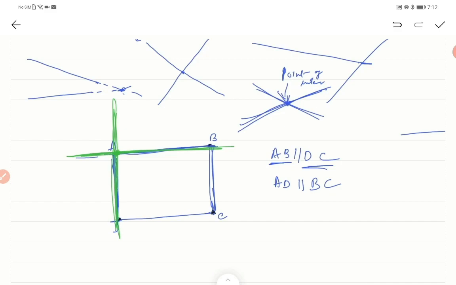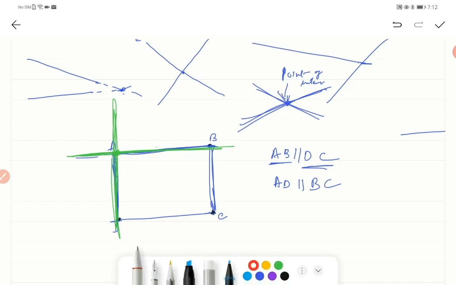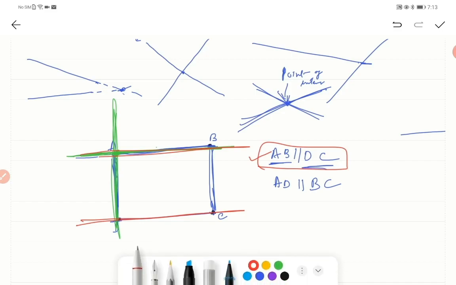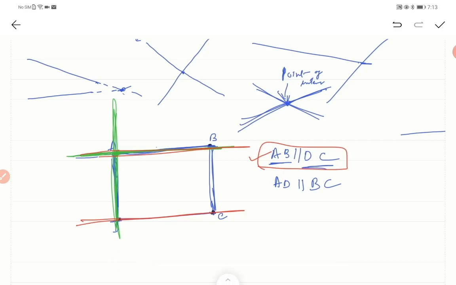So these two lines are intersecting lines. You will say parallel lines only when they never intersect. So you will get two pairs of parallel lines: AB parallel to DC, this is one set, and the other set is AD and BC.